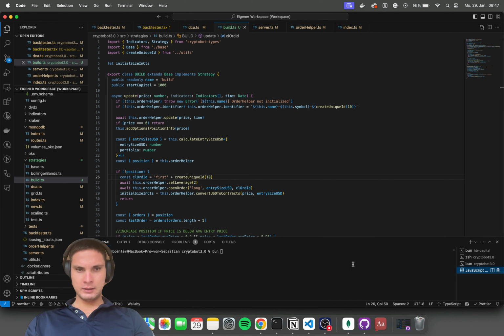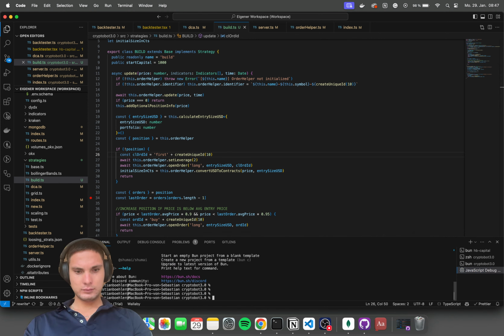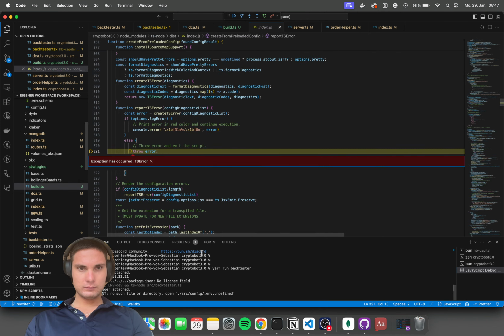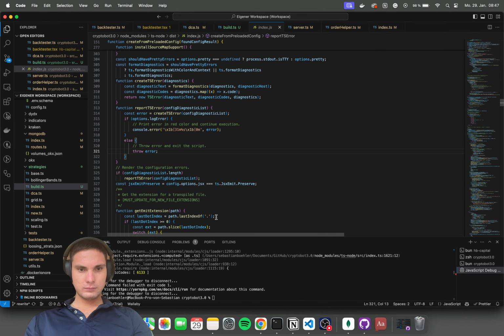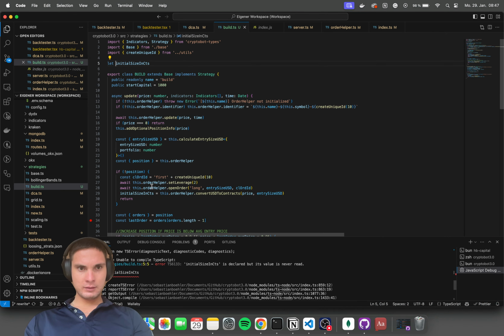And now this is something I want to actually debug. So let's go here and run the backtester. Did I not? But its value is never read.